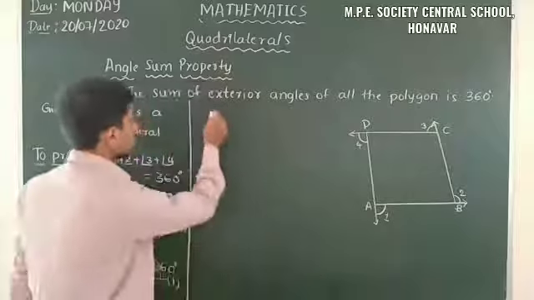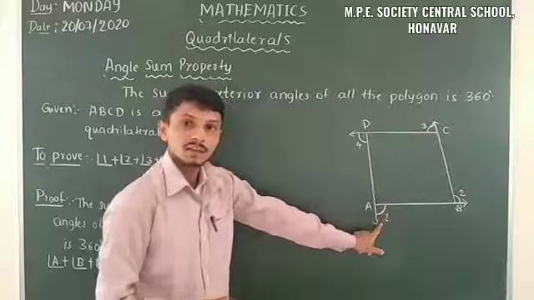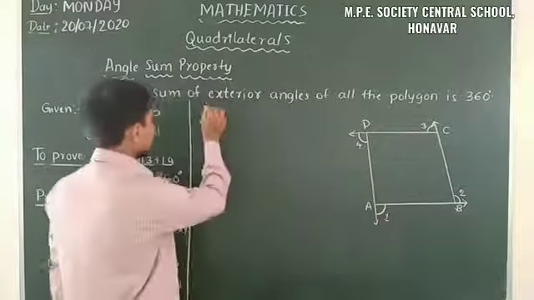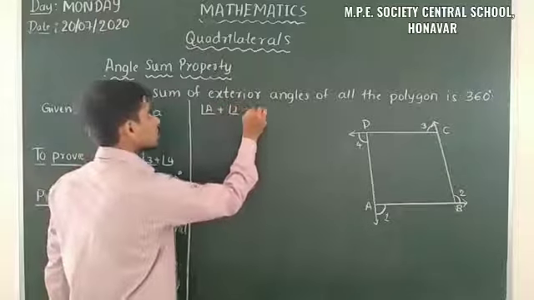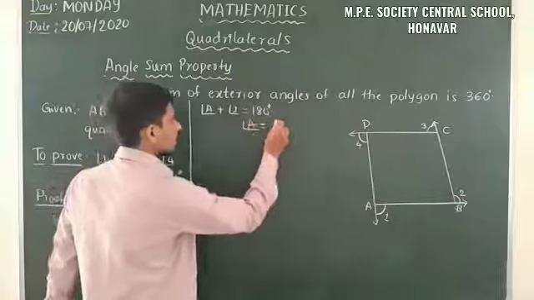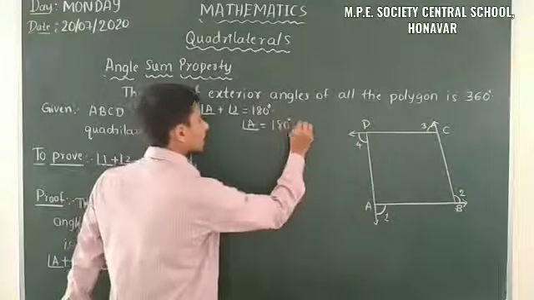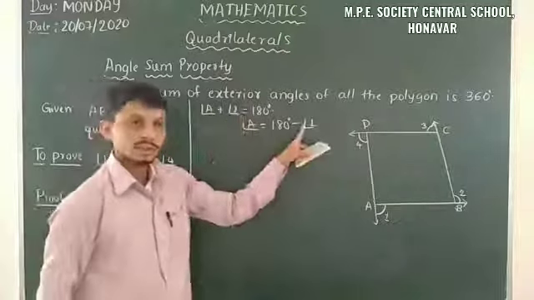So here angle A plus angle 1 is equal to 180 degrees. So angle A is equal to 180 degrees minus angle 1. I will transpose angle 1 here.